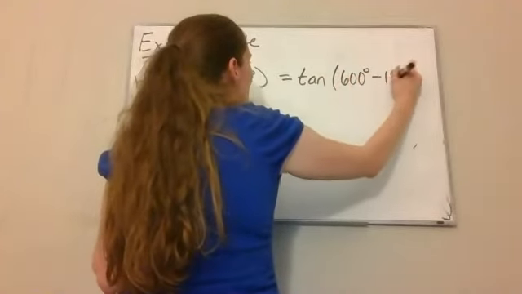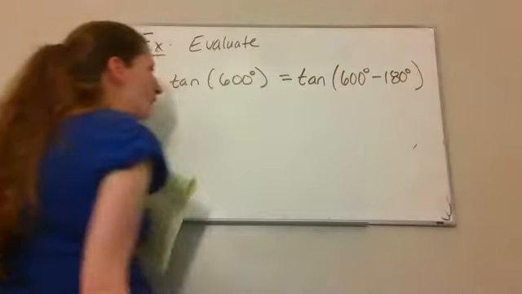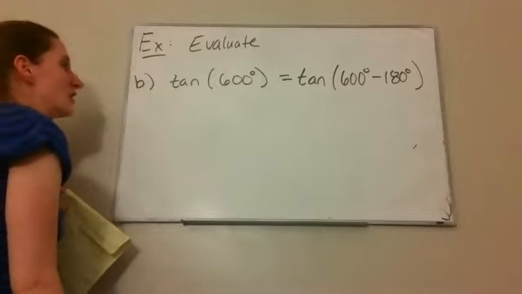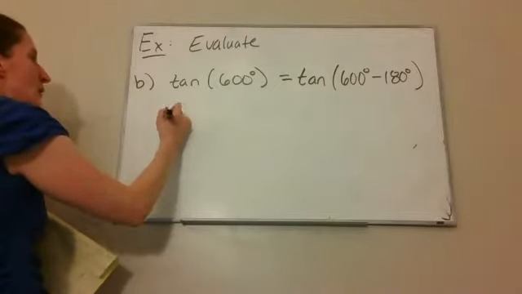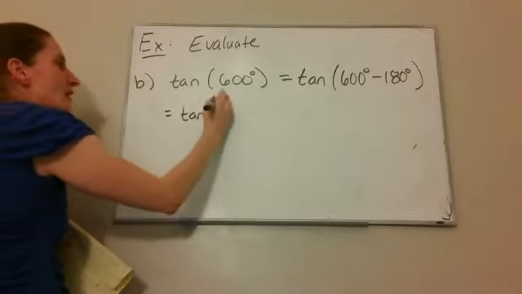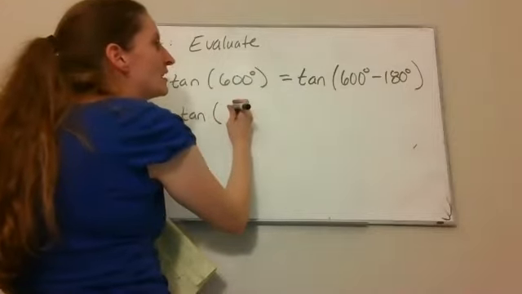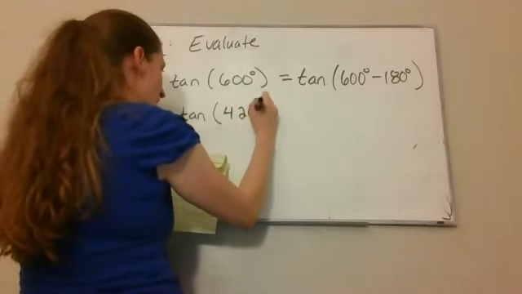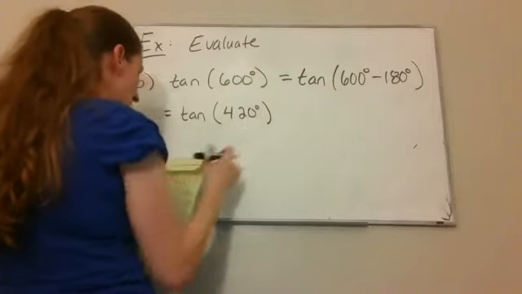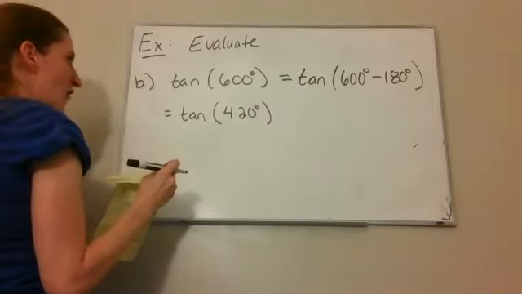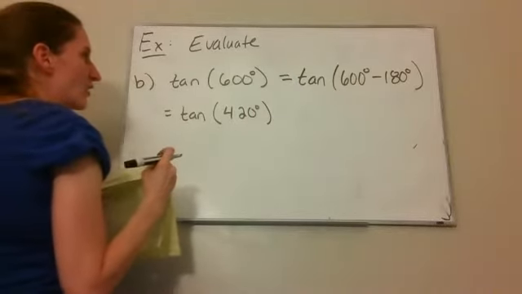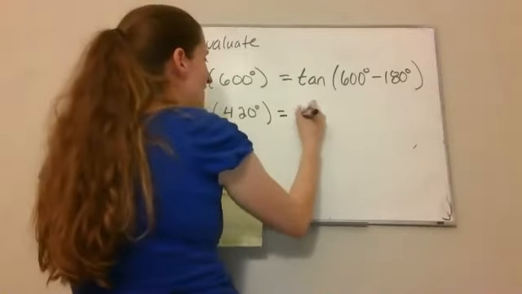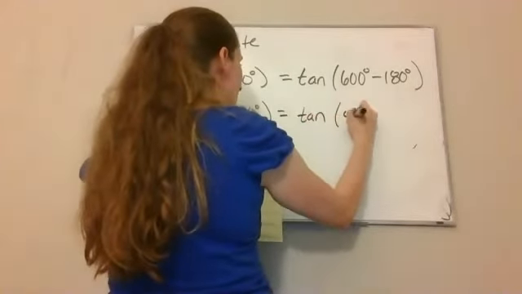I know I can subtract 180 degrees. That's one period for tangent. 600 minus 180 is equal to tangent of 420 degrees. And now I'm going to subtract another 180 degrees, trying to get it down to something I know from my unit circle.